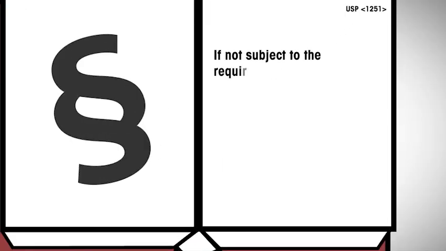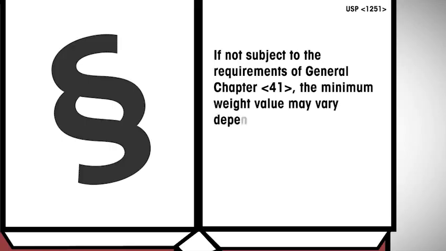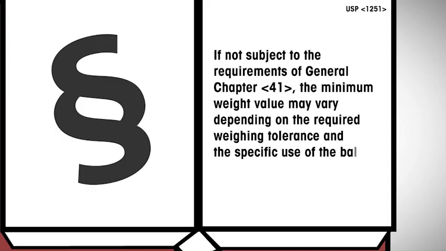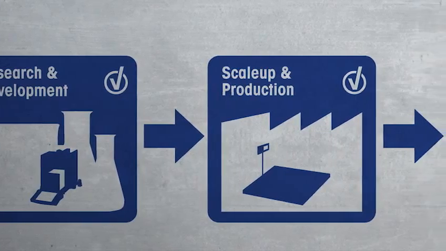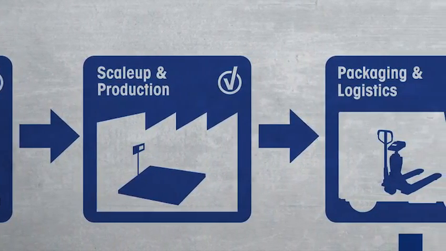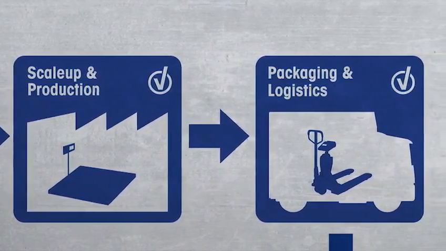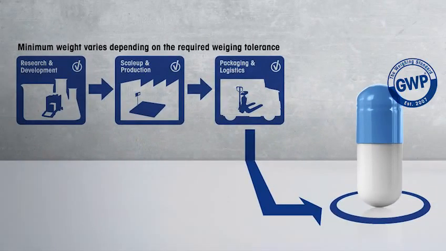If not subject to the requirements of General Chapter 41, the minimum weight value may vary depending on the required weighing tolerance and the specific use of the balance. This provides useful guidance to ensure accurate measurements of weighing equipment in other parts of the pharmaceutical process chain as well, guaranteeing consistently good product quality.